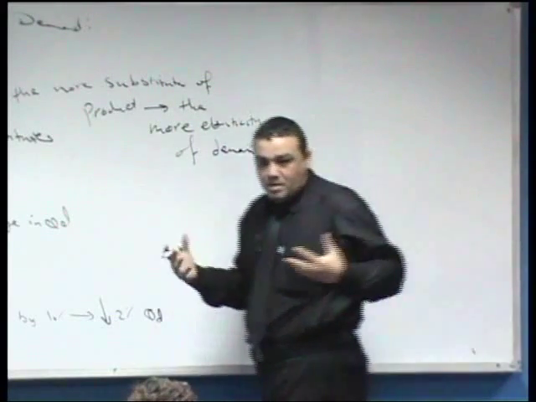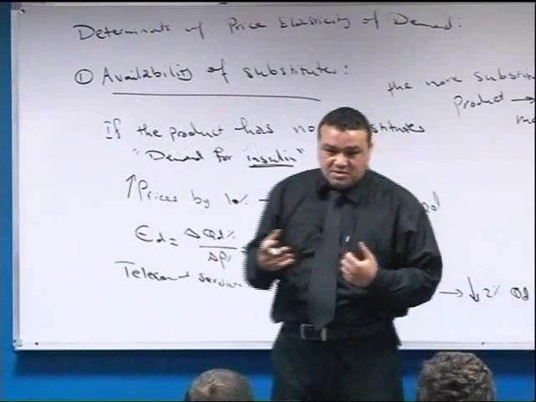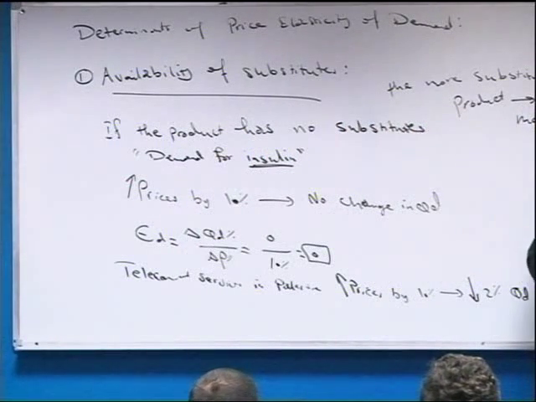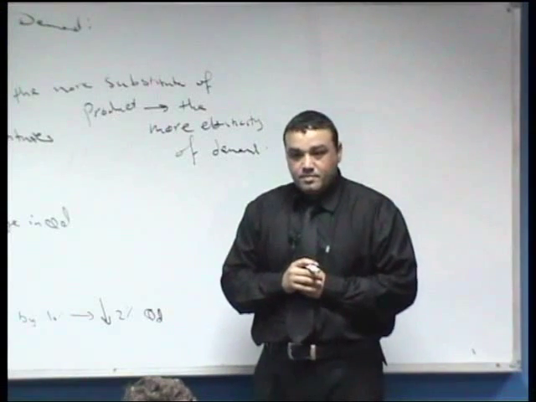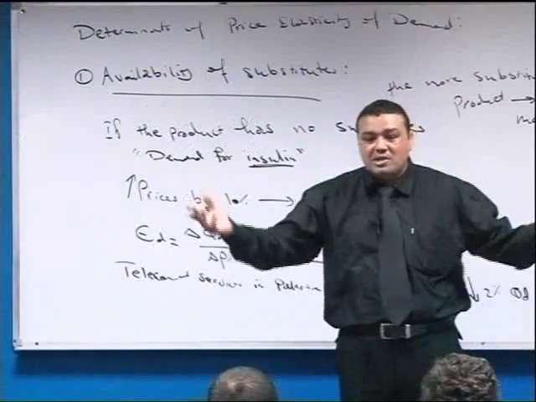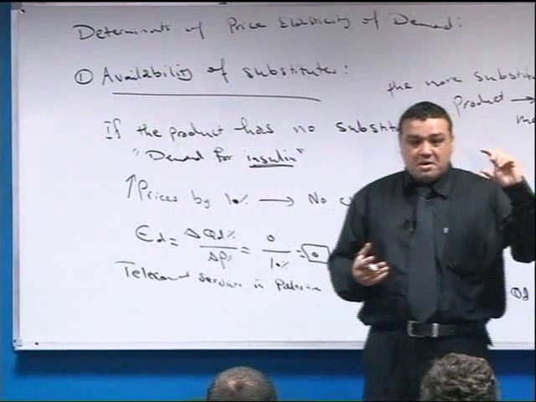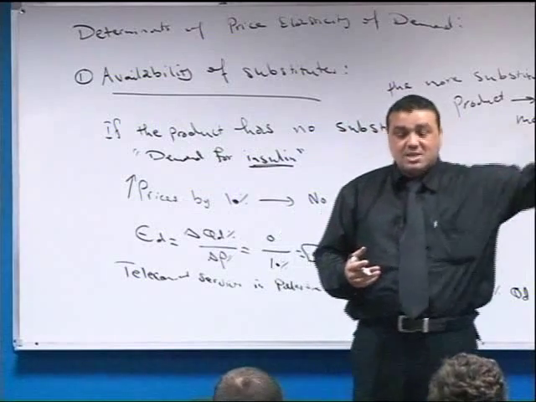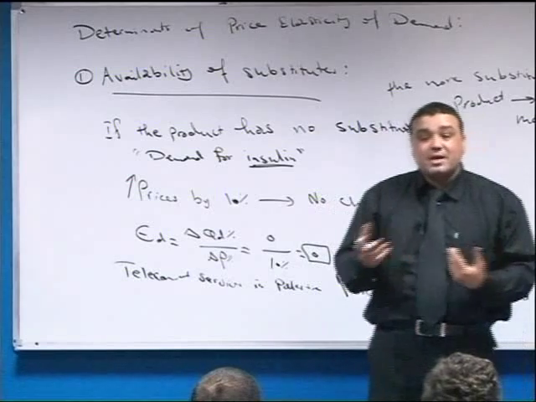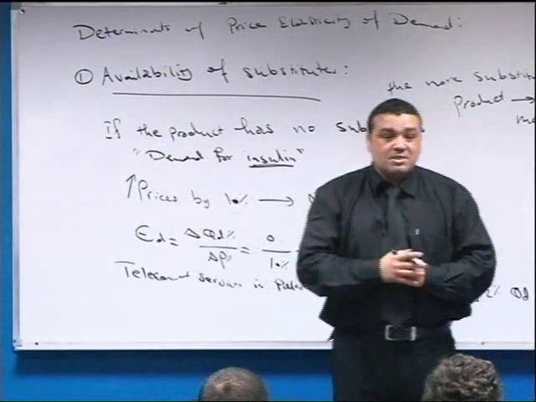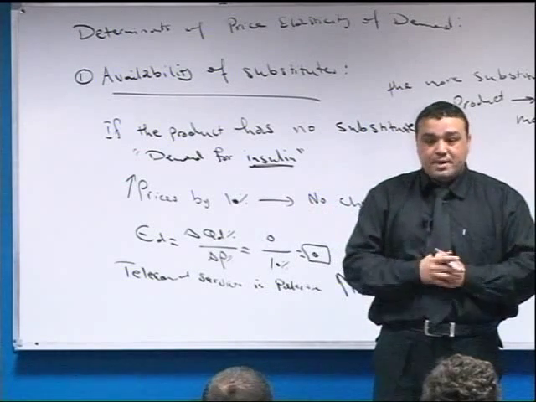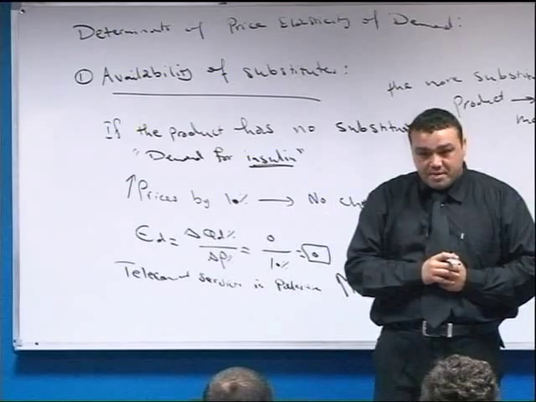When we have few alternatives or substitutes, the price elasticity of demand would be smaller. Like the demand for Pepsi: if it has many substitutes, increasing the price of Pepsi by 10% leads to a larger reduction in the quantity demanded, because consumers will purchase other substitute goods, like 7-Up, Mirinda, Orange, something else.